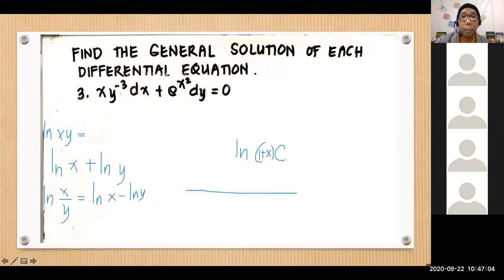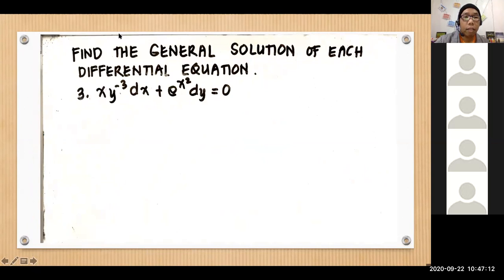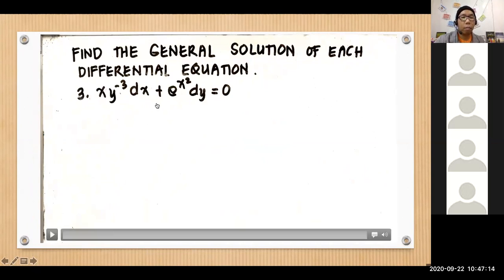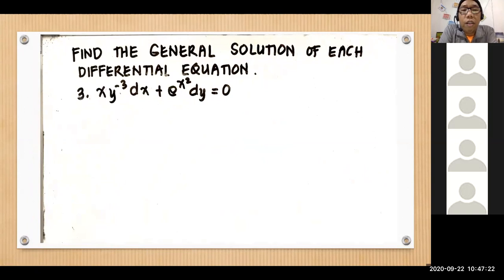Okay. Sige, our next example is x times y raised to negative 3 times dx plus e raised to positive x squared times dy equal to 0. Okay, take a look at the given differential equation. Separable ba siya by just looking at it or not?